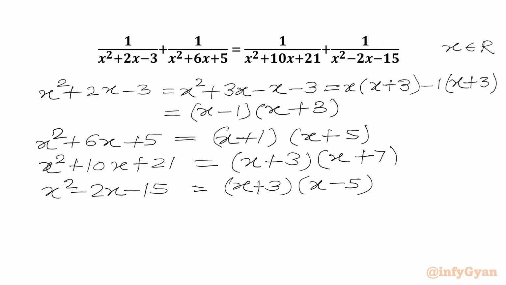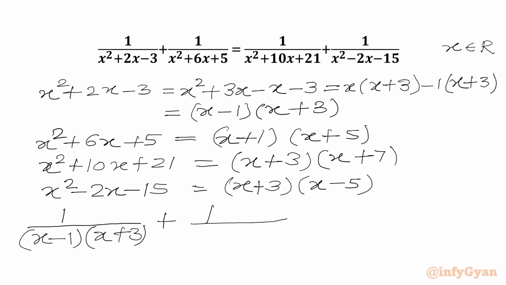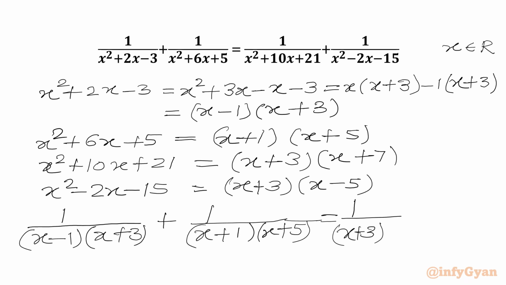So I will write 1 over x minus 1 times x plus 3, plus 1 over x plus 1 times x plus 5, equal to 1 over x plus 3 times x plus 7, plus 1 over x plus 3 times x minus 5.